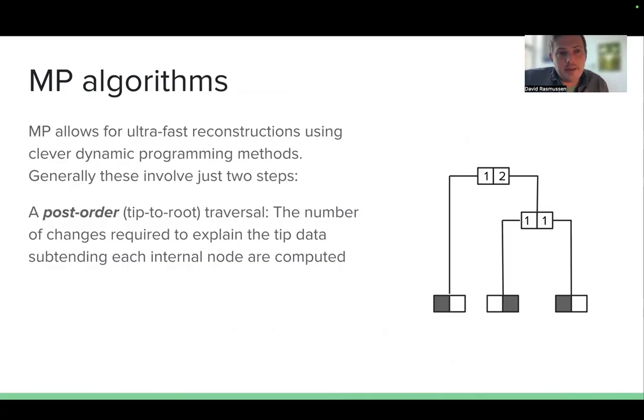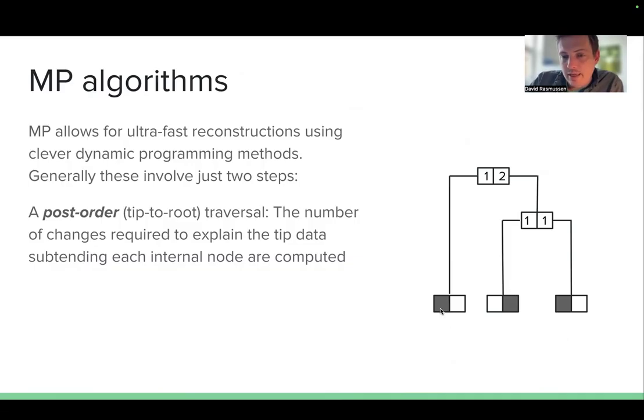The general way that they work is they use clever dynamic programming methods to reconstruct ancestral states, which I'll just quickly go over because it's fairly easy to grasp how these methods work. Basically, most maximum parsimony methods for reconstructing ancestral states on trees use a simple two-step algorithm. In the first step, we compute the number of changes or transitions that would be required to explain the data at the tips, at each internal node of the tree.